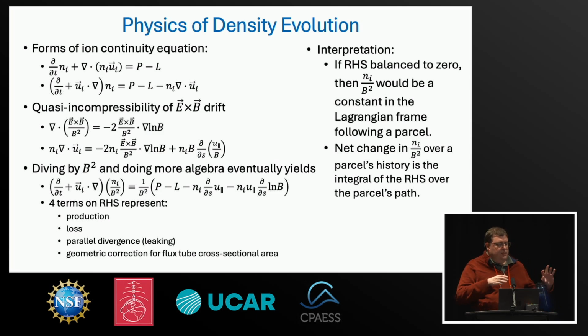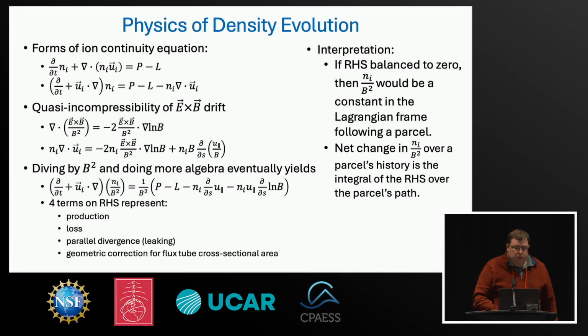And so what happens if you imagine a loop of plasma, if you E cross B drift into a region of stronger magnetic field, that loop compresses in order for the magnetic flux inside the loop to be conserved. And so this expression is just the rate at which a loop has to breathe in and out in order to conserve magnetic flux.